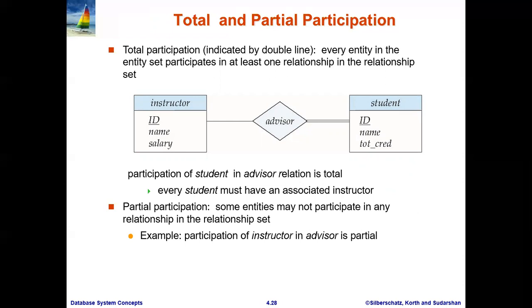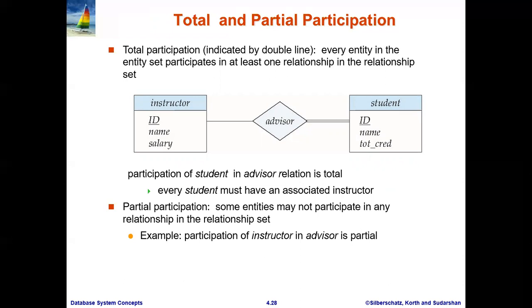As an example, the participation of student in the advisor relationship set is total. It indicates that every student must have an associated instructor.